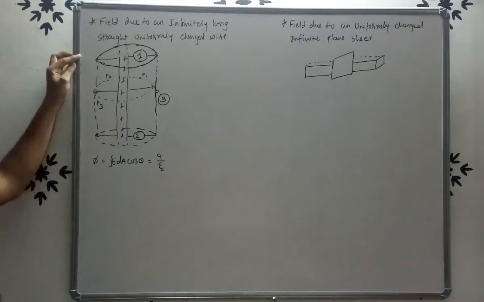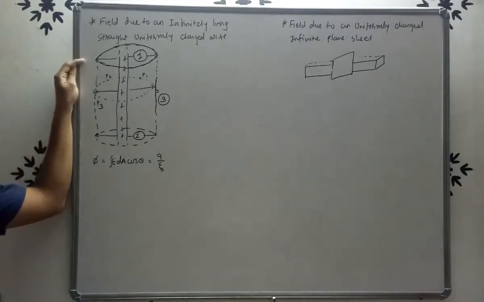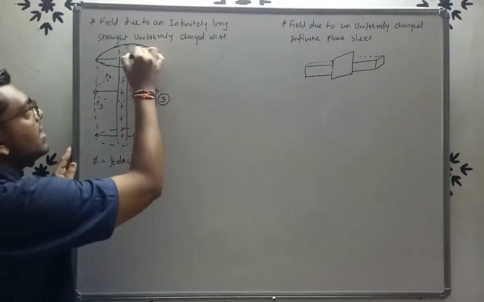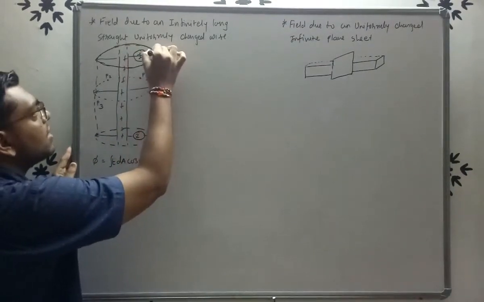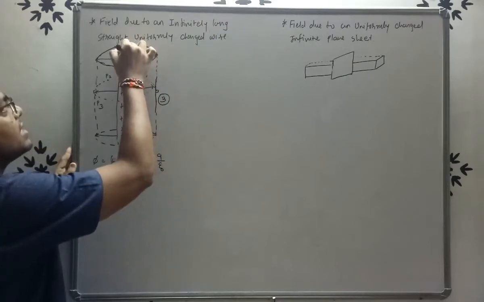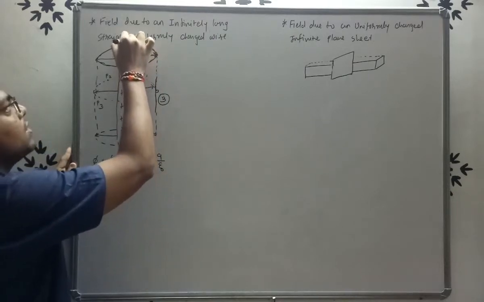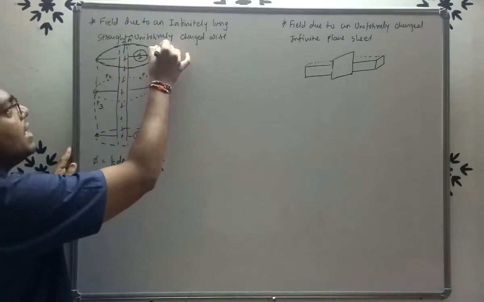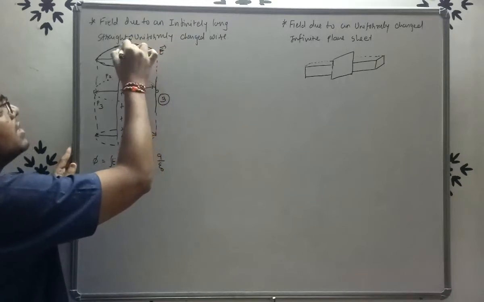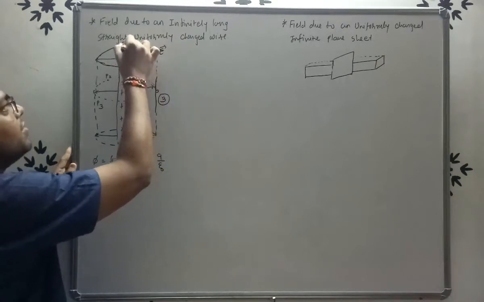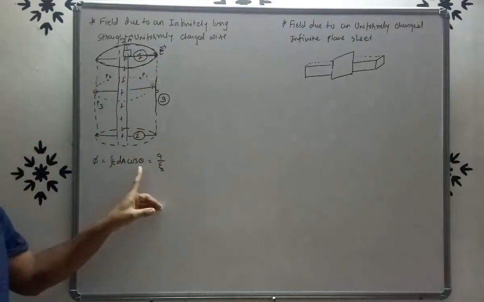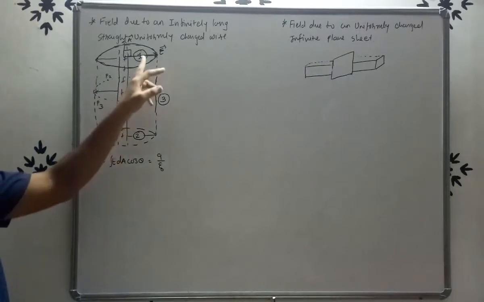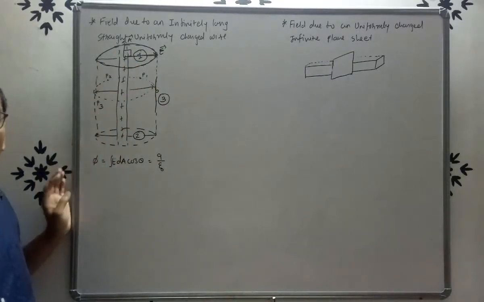Now to find the flux on surface 1, the electric field is in this direction, and the direction of the area vector is always outward, so this is the area vector A. Here the angle between E and A is 90. So the value of cos 90 is 0, and the flux on surface 1 is 0, right?